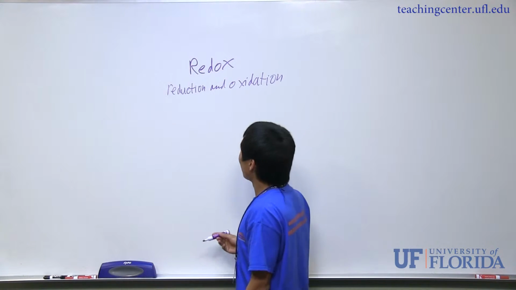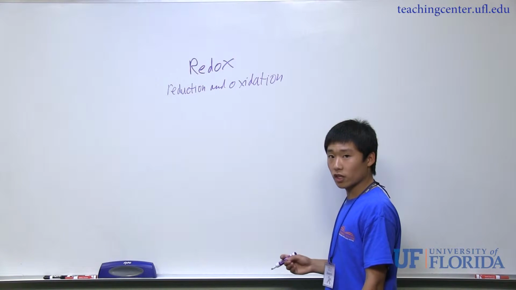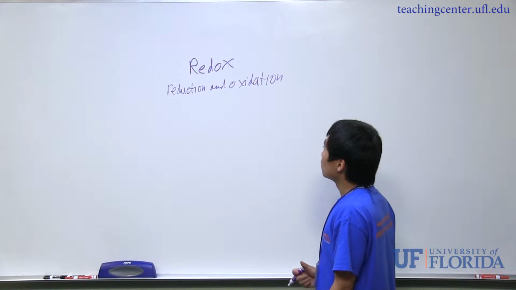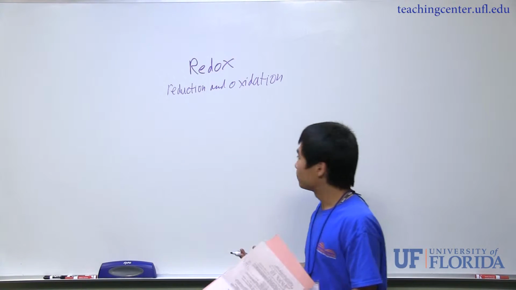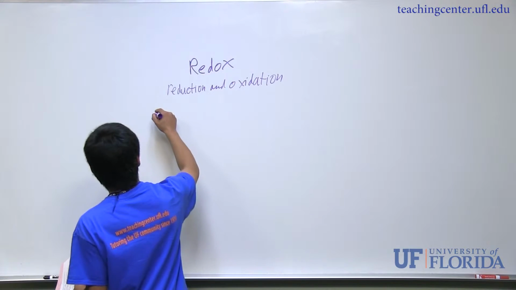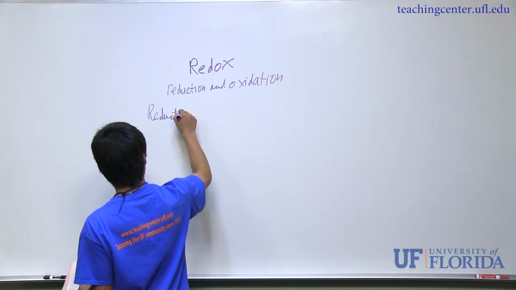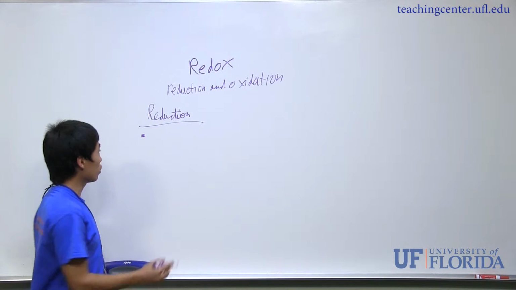Those little sayings are great, and I do believe in them, but it's also good to get an idea of what they mean. So for reduction, you are gaining electrons.